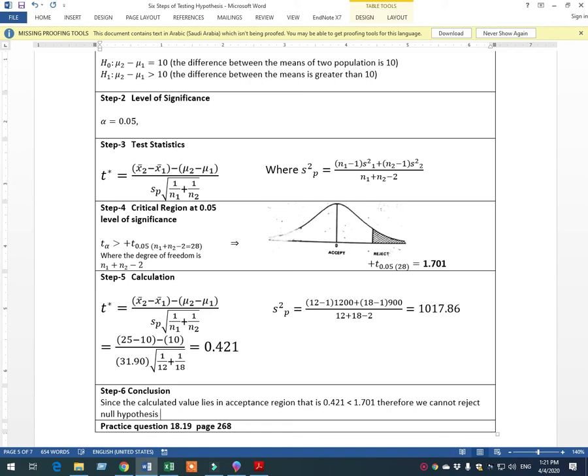It means the difference between the two populations is said to be 10, because we are accepting that the difference between the means of the two populations is 10. We have accepted that.